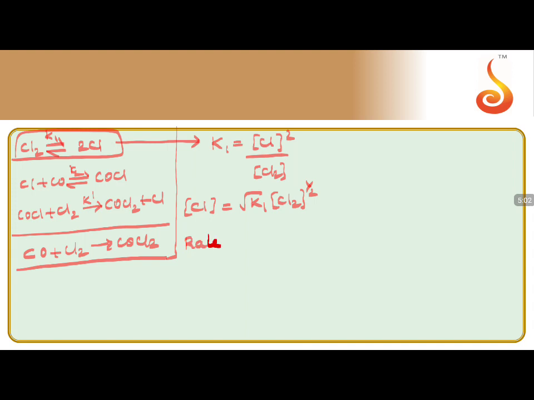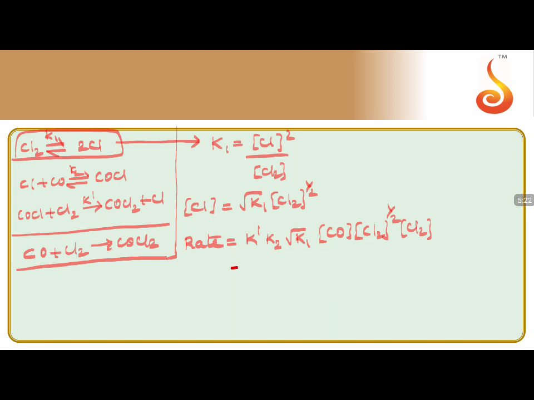We get rate is equal to K dash into K2 into root K1 into CO. In place of Cl comes Cl2 whole power 1 by 2, into Cl2.